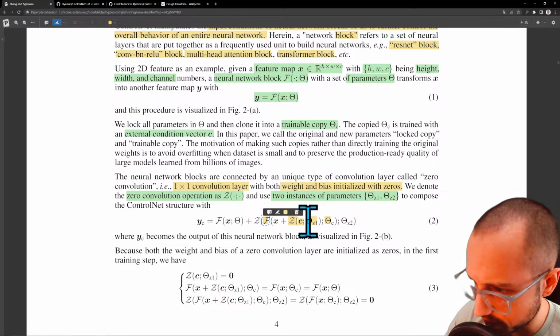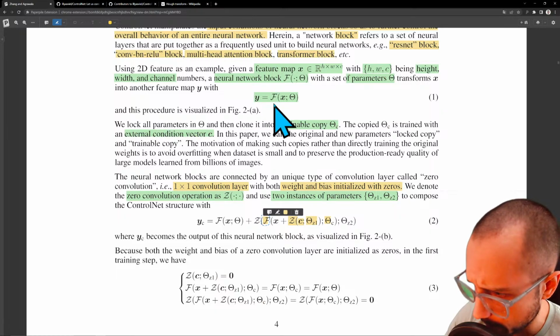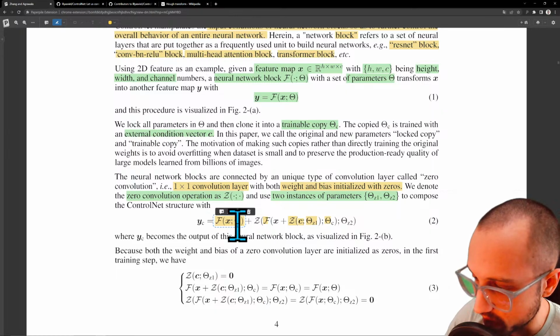So the zero conv is being applied to the context vector or condition vector c, and then it's being applied to the output of the copied weights of the block F. And then you're adding that to F with the original weights.